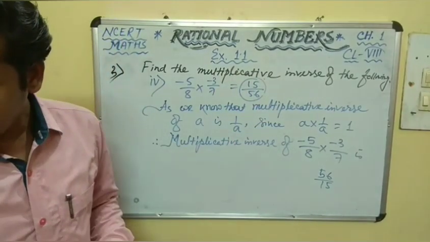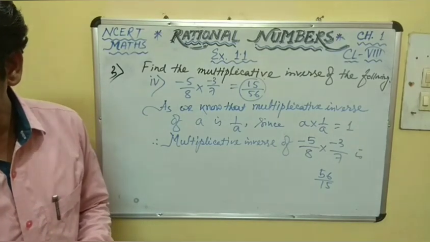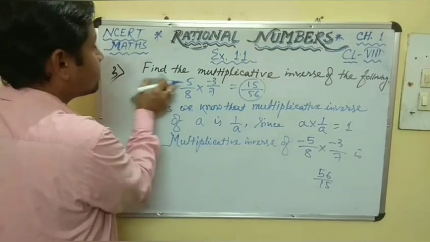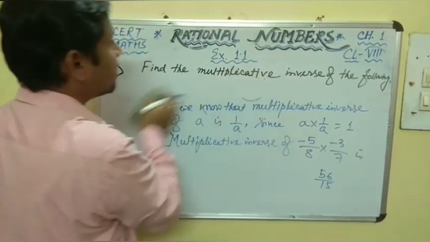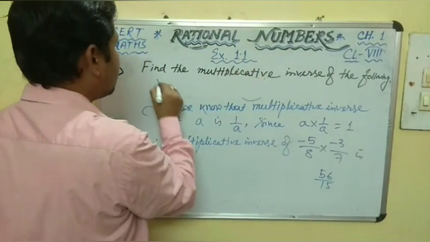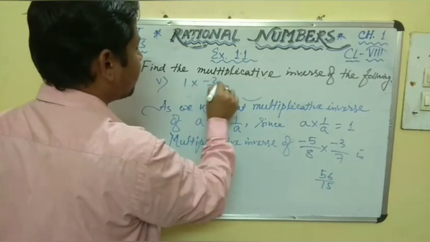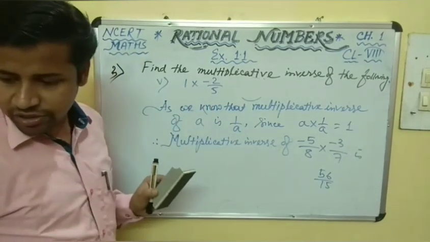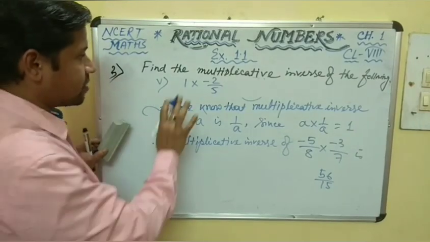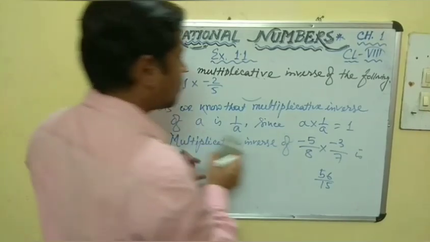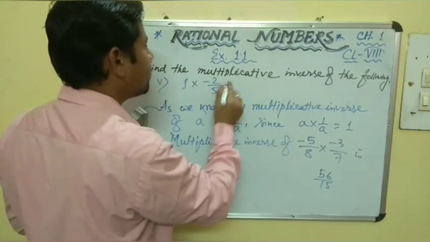And number 5 is saying that 1 into minus 2 by 5. So similarly 1 into minus 2 by 5, what will it be?